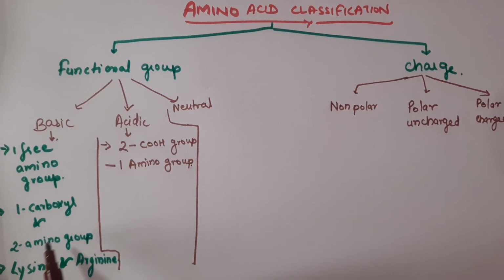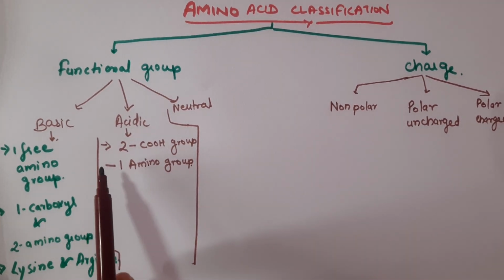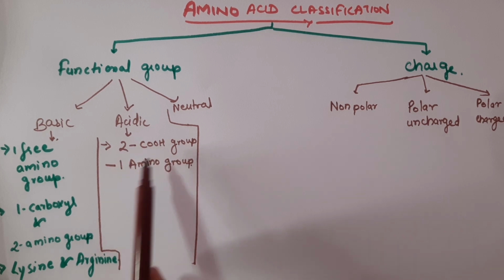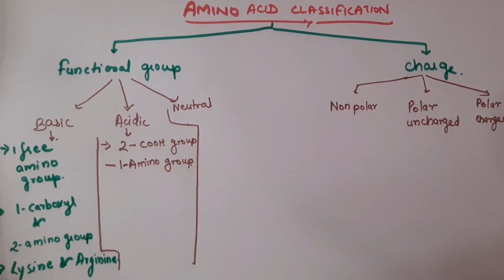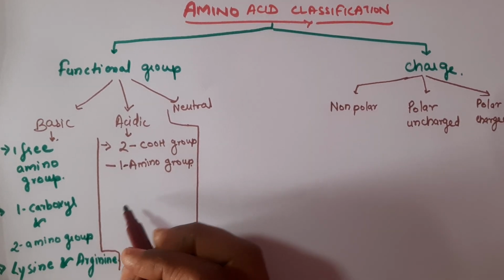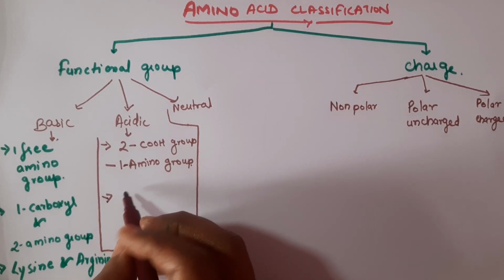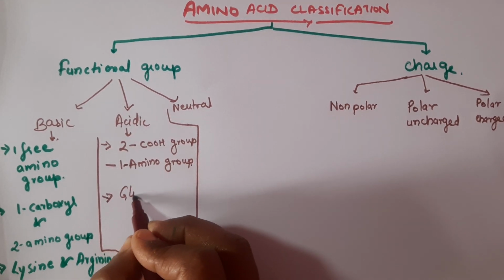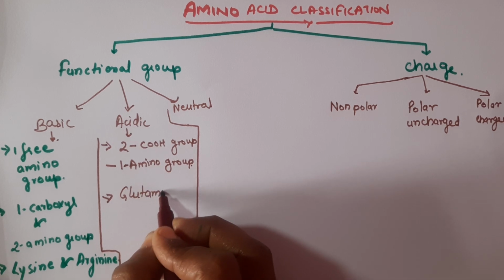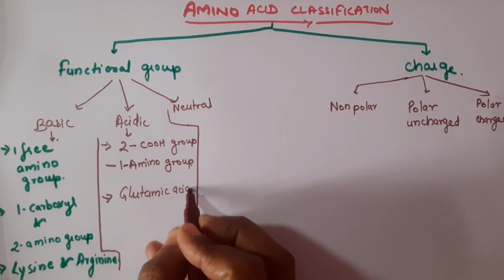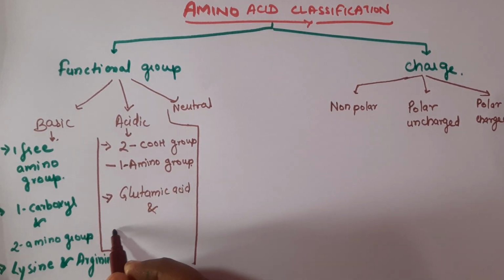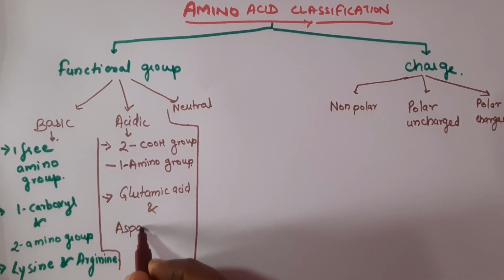Okay, so in case of basic, we have one carboxyl group and two amino group. However, in the acidic ones, we have two carboxyl group and one amino group. So what are the examples? So the examples of the acidic amino acids are glutamic acid and aspartic acid. Okay.